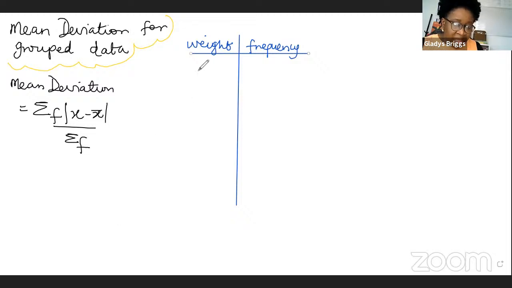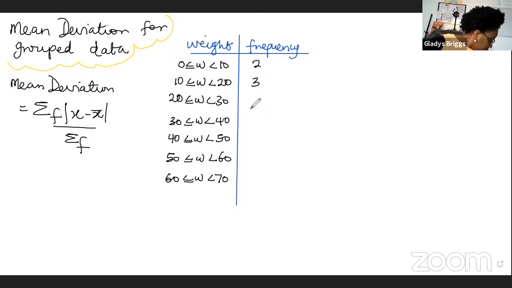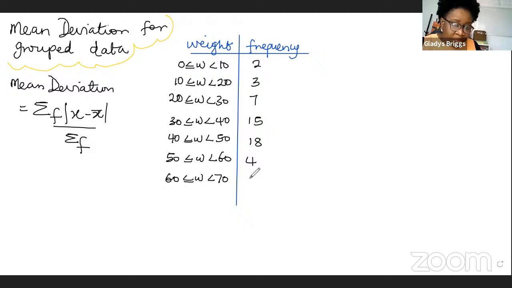On here, you have 0 is less than or equal to W is less than 10, 10 is less than or equal to W. And you have 2, 3, 7, 15, 18, 4, and 1.